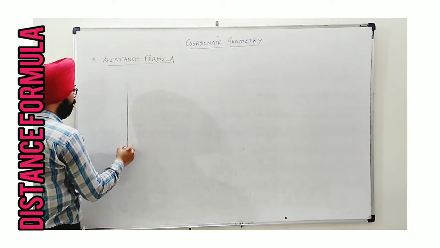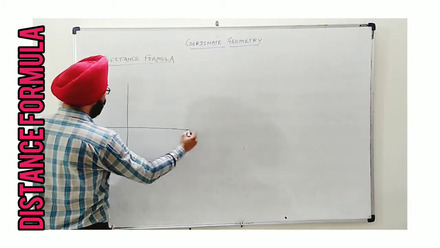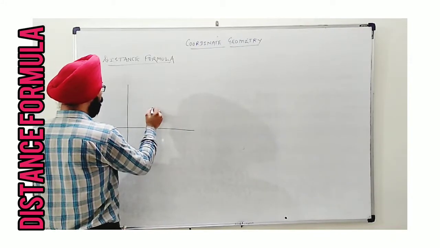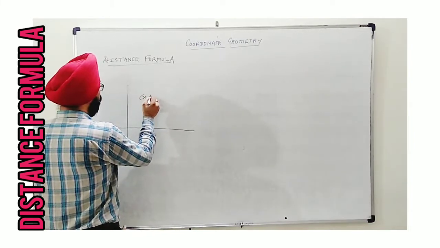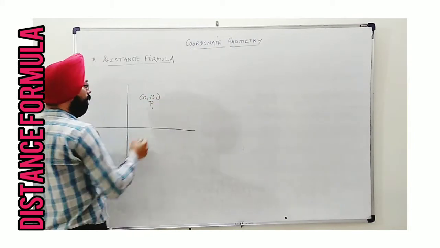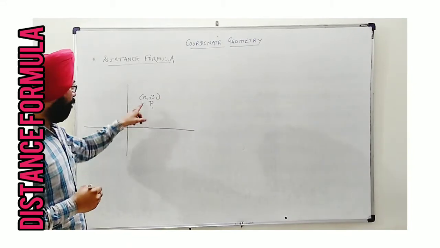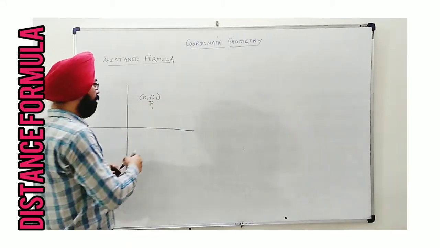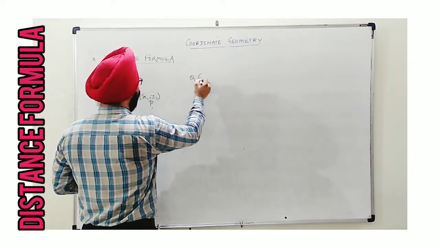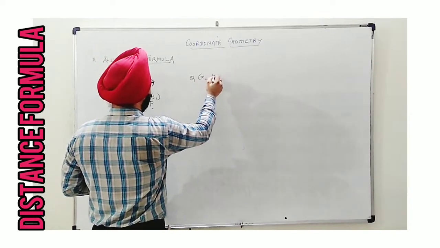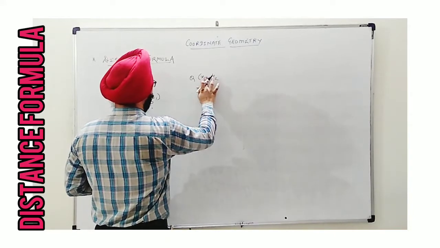Given that in a coordinate plane, if P is some point with coordinates, in general in symbolic form, x1 comma y1, and another point Q with coordinates x2, y2.